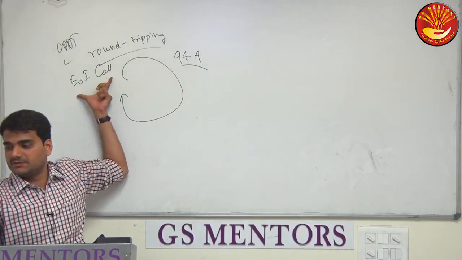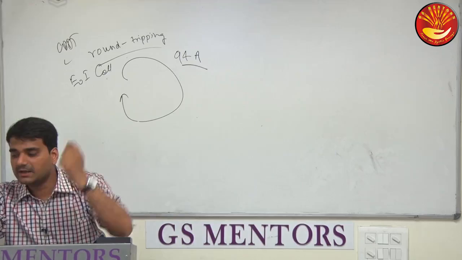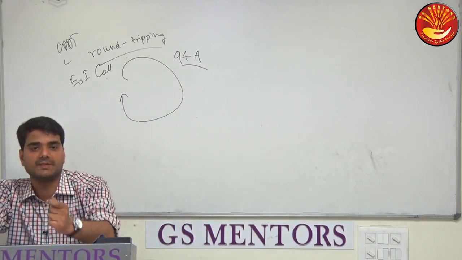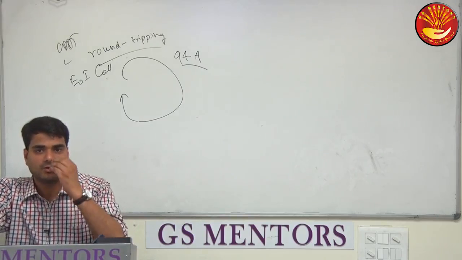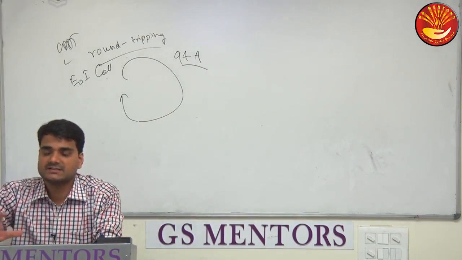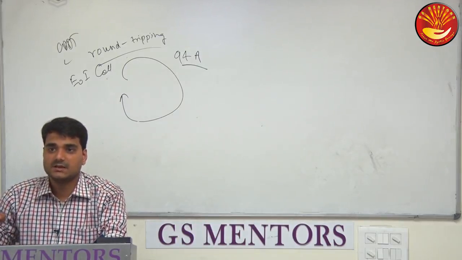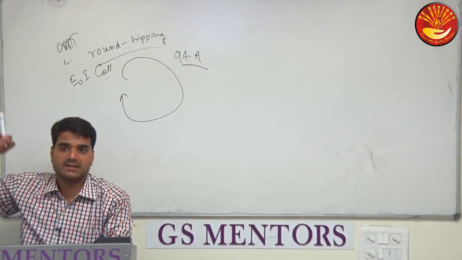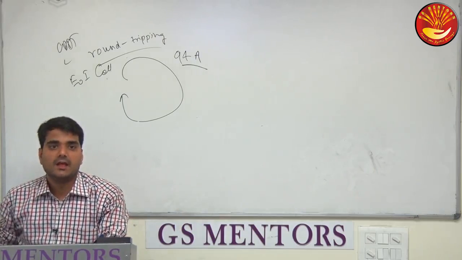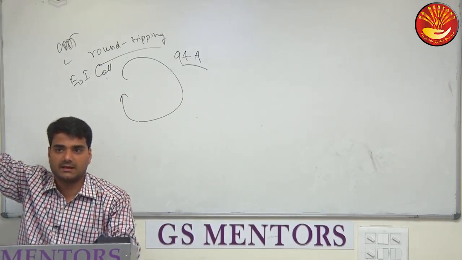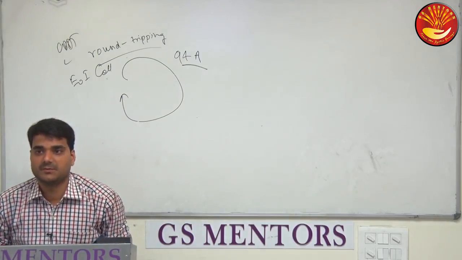The sole purpose of this cell would be to provide information which is sought from some foreign country or seek information from that country. Suppose SEBI wants to get some information about any entity which is, say, registered in any foreign exchange, Dow Jones or any exchange. Earlier, CBDT would transfer that when asked, and multiple channels of exchange of information were going on.